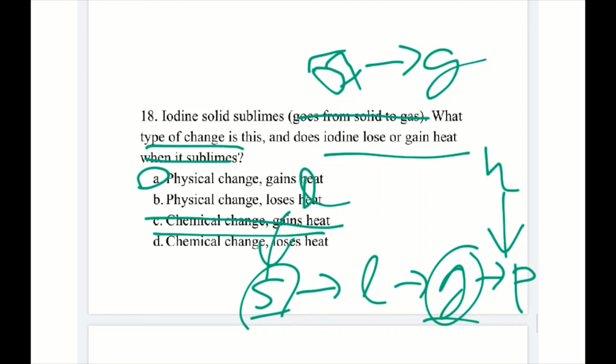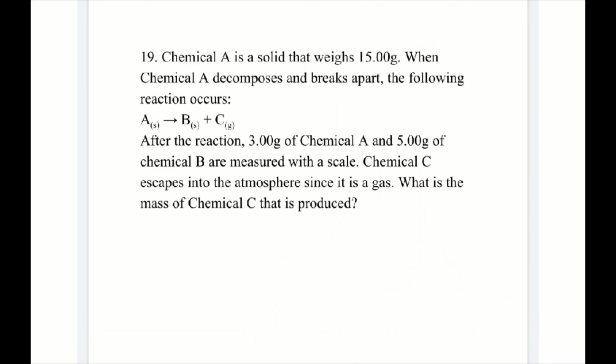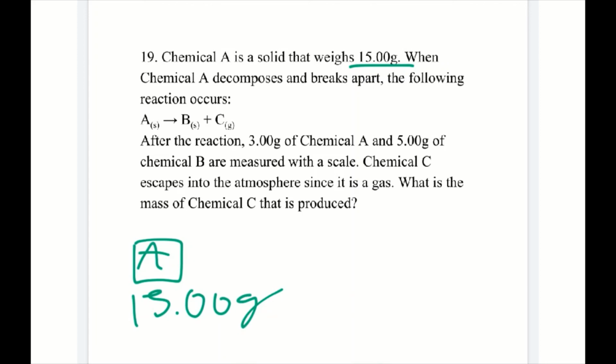So now let's go on to the next question. Chemical A is a solid that weighs 15 grams. So let's write chemical A is 15.00 grams. When chemical A decomposes and breaks apart, the following reaction occurs. So we see that A is transforming into B and C, as indicated by the arrow.